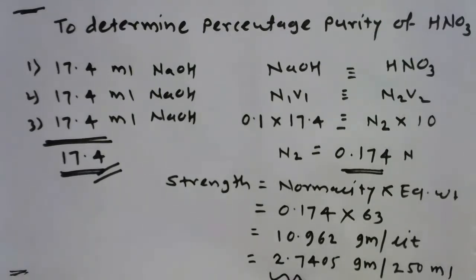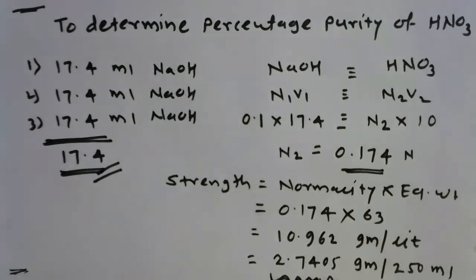This quantity indicates the amount of HNO3 present in the prepared solution, which was transferred by 2 ml of concentrated nitric acid. So this quantity indicates the quantity of concentrated HNO3 in the prepared solution, that is 250 ml of dilute solution.